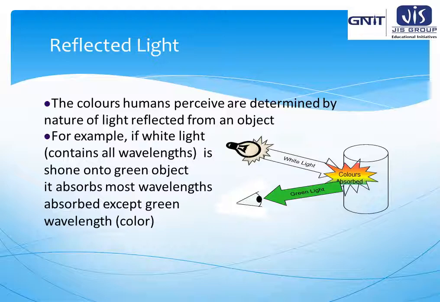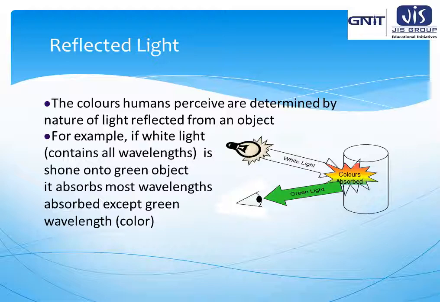For example, if white light is incident on any green object, it absorbs most wavelengths, because we all know that white light contains all the wavelengths. That means it is the combination of all wavelengths.